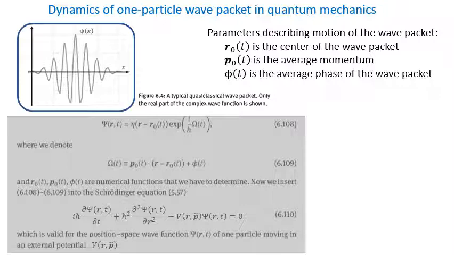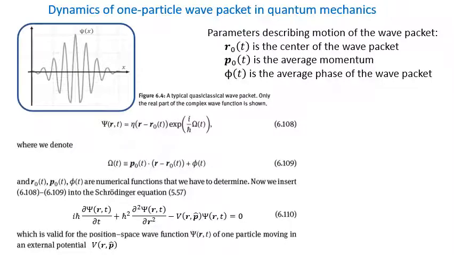Finally, there is also a purely quantum parameter phi, which is the average phase of the wave packet. Using these 3 parameters, each wave packet can be approximately represented in the form given by equations 6.108 and 6.109.